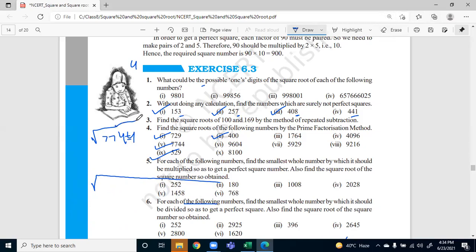Ma'am, 6 times 2 and 2 times 11. 6 times 2 and 2 times 11. Correct? So out of this, one 2 will come out, one 2, one 2, and out of this 11, one 11. So you will be getting 2 into 2 into 2 into 11. So that makes 88.